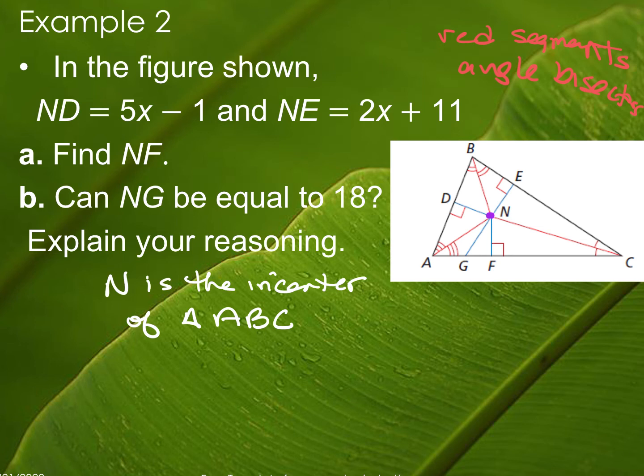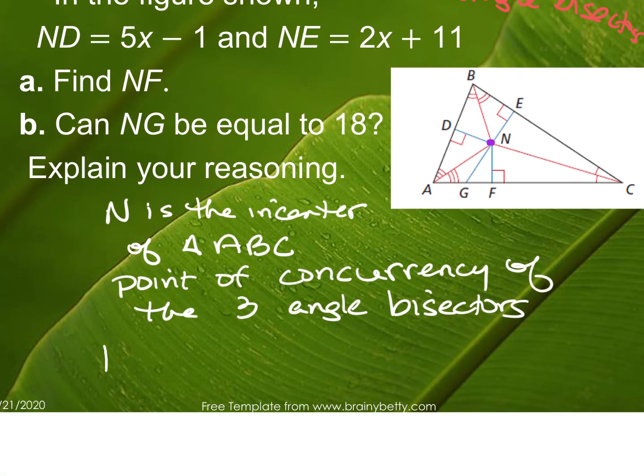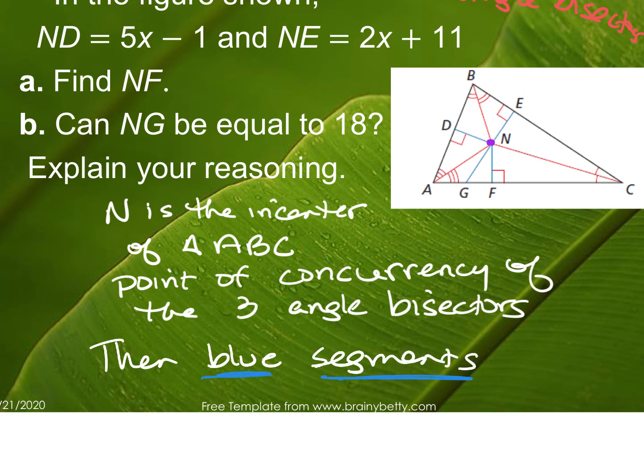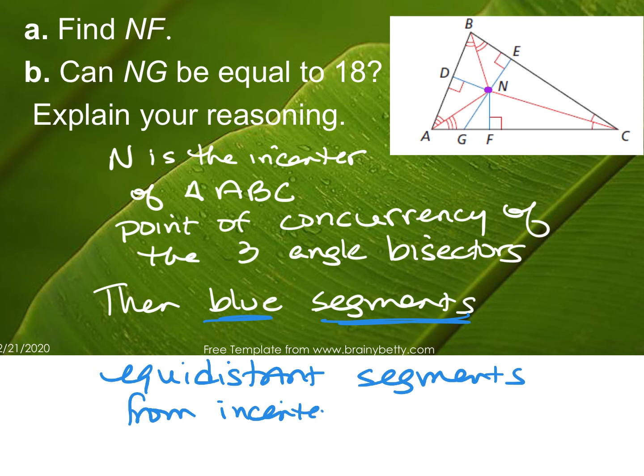Since N is the incenter, the point of concurrency of the three angle bisectors, the blue segments are the equidistant segments from the incenter to the sides of the triangle.